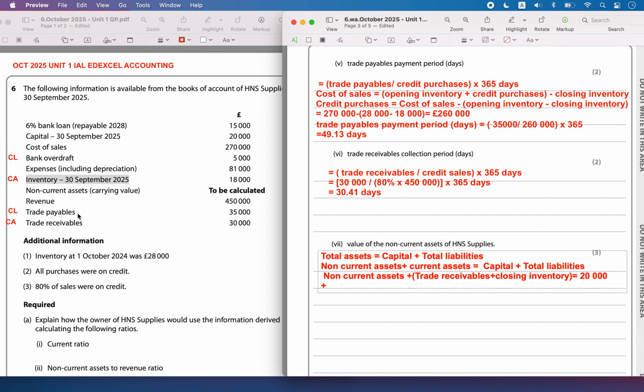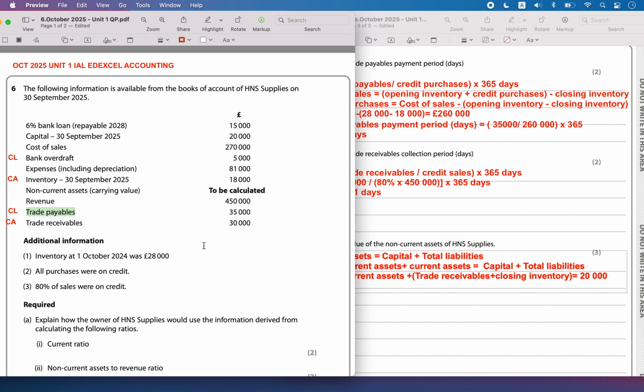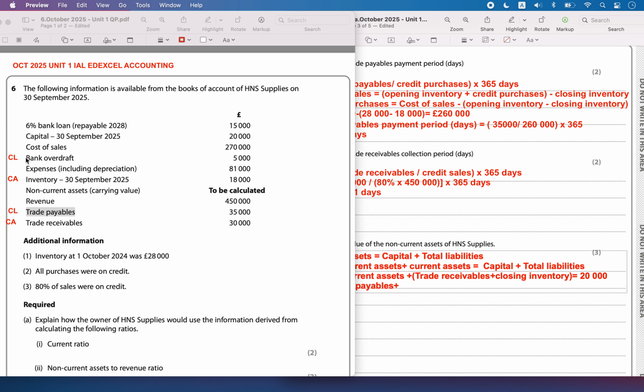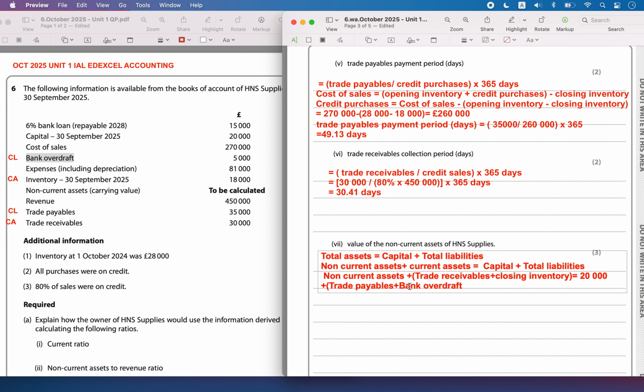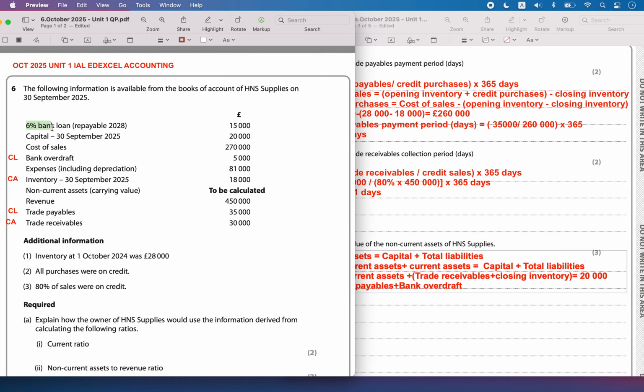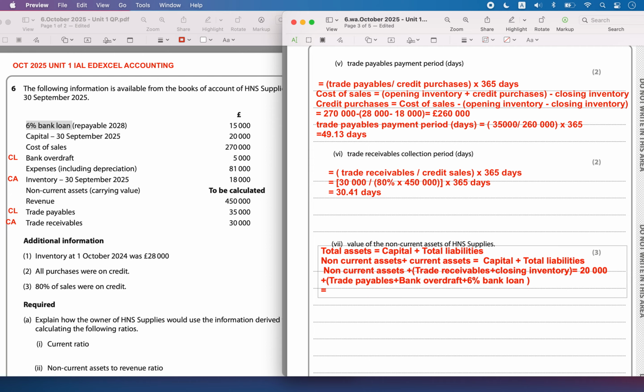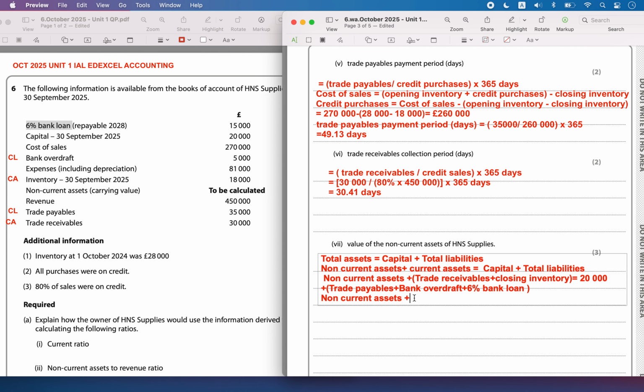The total liabilities are trade payables, plus bank overdraft, and then we have the non-current liability, which is a 6% bank loan. So let's now substitute again. We have non-current assets which we have to find.